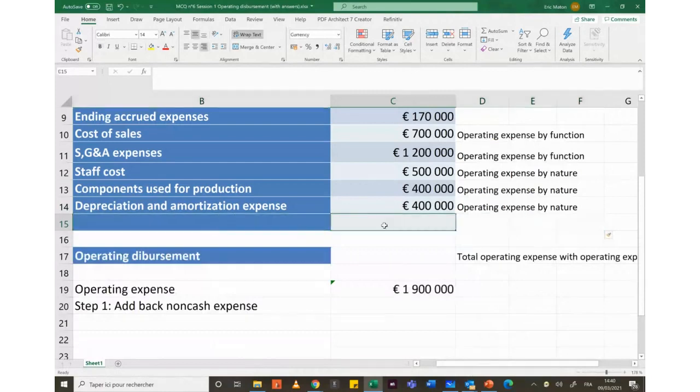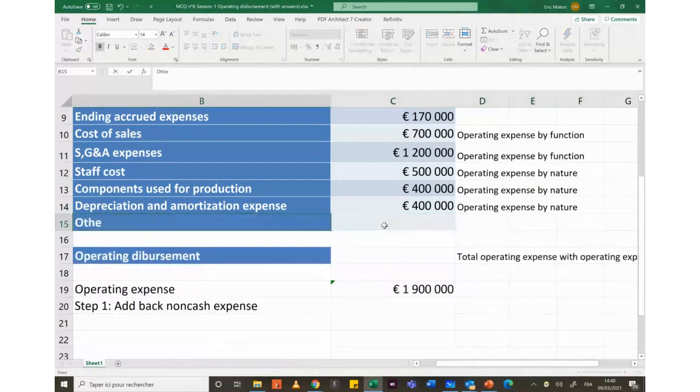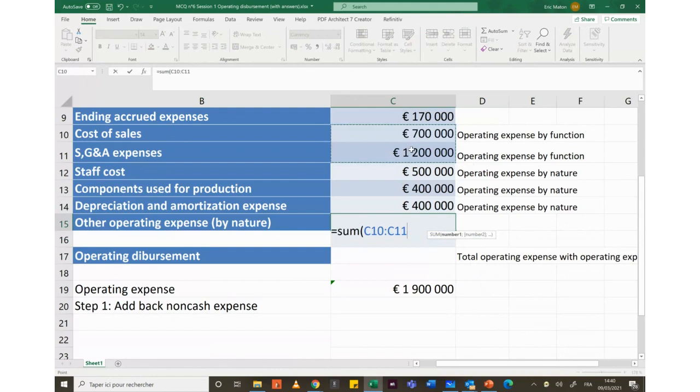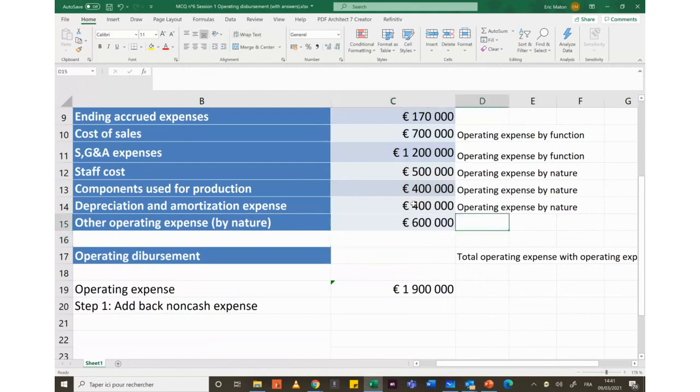So here we can say we have other operating expense by nature. So the difference is equal to the sum of this one and this one minus what we have already here. So here, missing operating expense by nature in the wording.